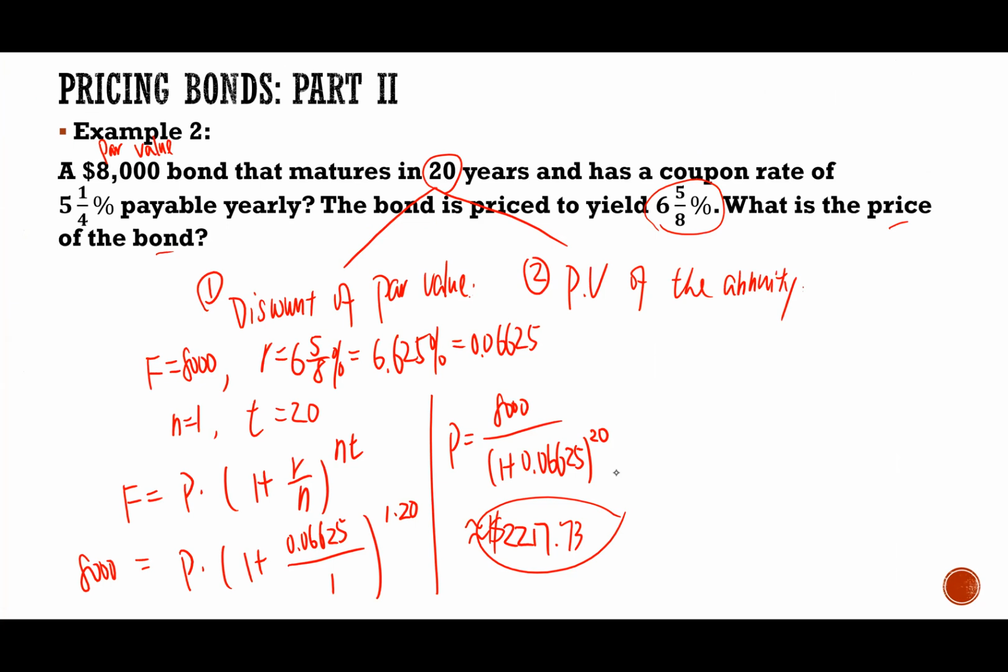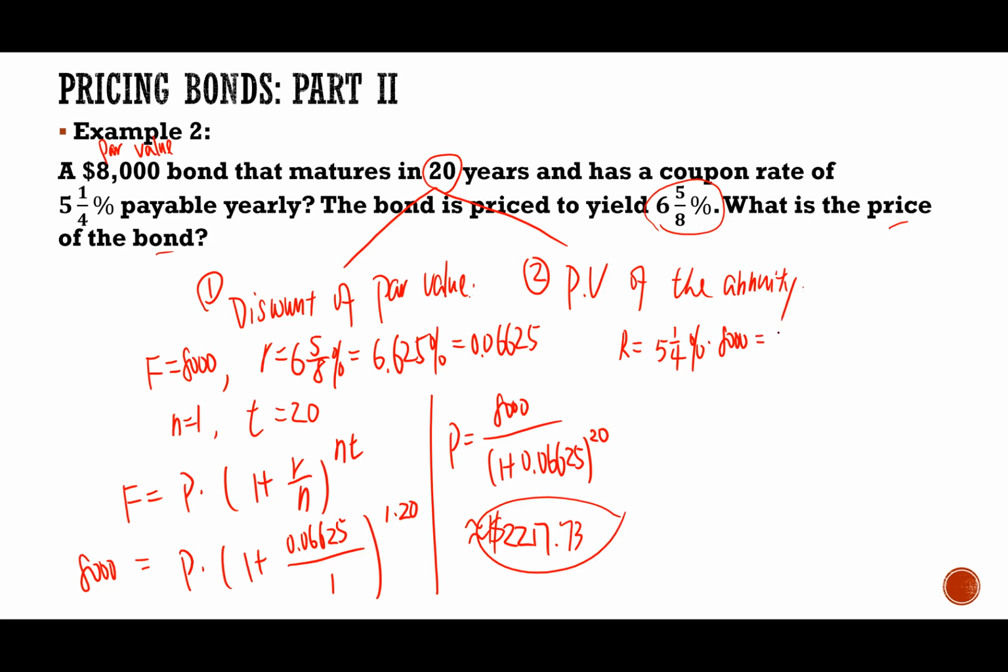Now let's take a look at the present value of the annuities. The payment is based on the coupon rate, which is 5.25%. So the regular payment equals 5.25% times $8,000.